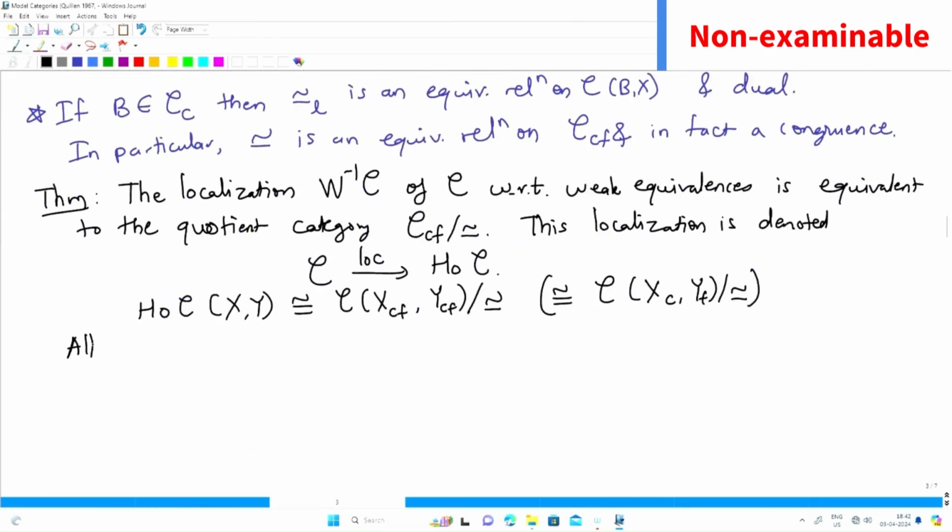So all inclusions in star induce equivalence between respective homotopy categories. That is already included in the proof of this theorem.